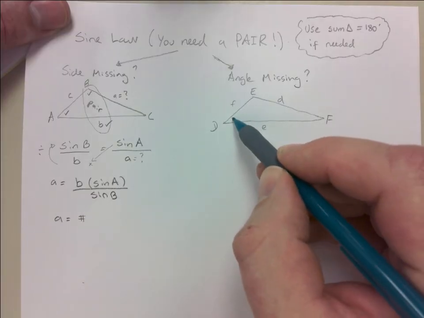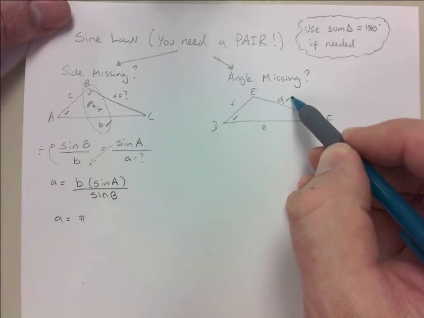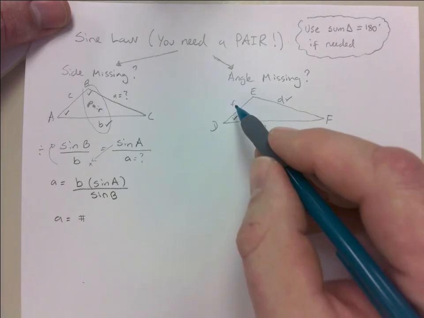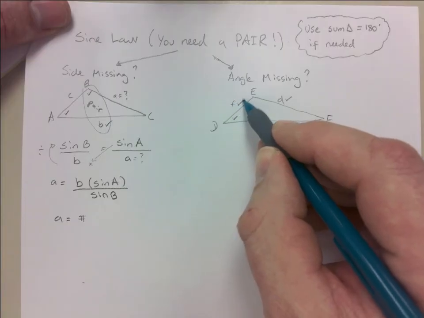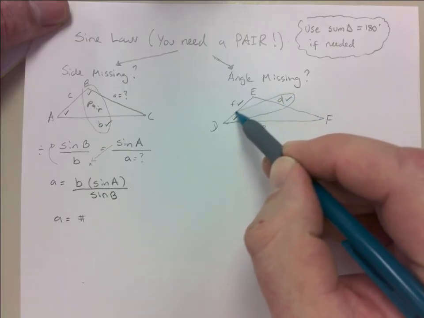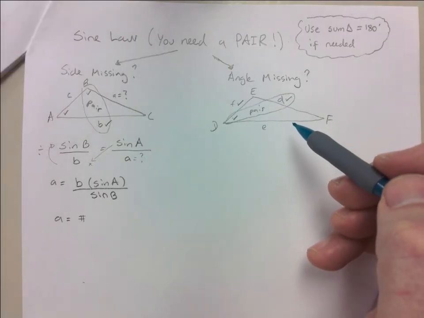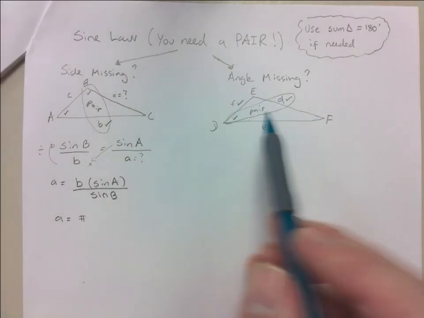So let's say you know angle D and you know side D. You know side F. So guys, if you have a pair, you lock that in. This is your pair. Then you ask yourself, what else are they giving me other than the pair?